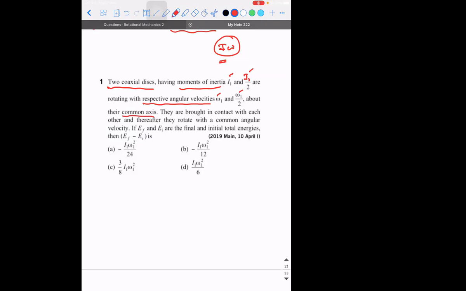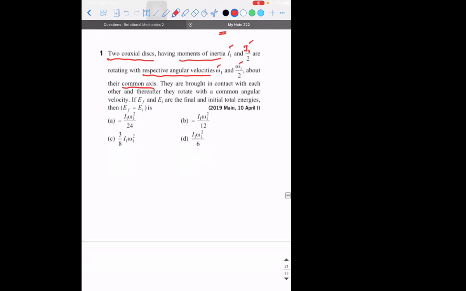If you have the data about moment of inertia and angular velocity, what physical quantities are indirectly known to us? Kinetic energy and angular momentum. Yes, you know the rotational kinetic energy, which is half I omega square, and the angular momentum, which is I omega. So you know both these quantities for both the objects.